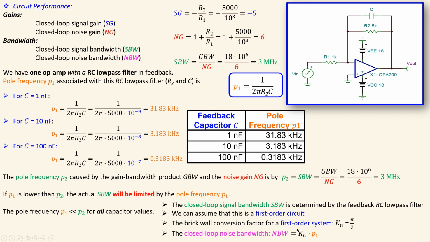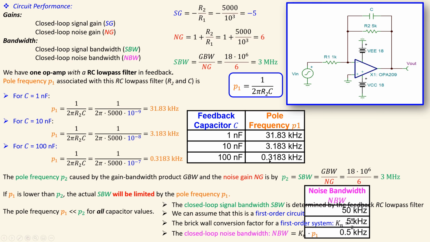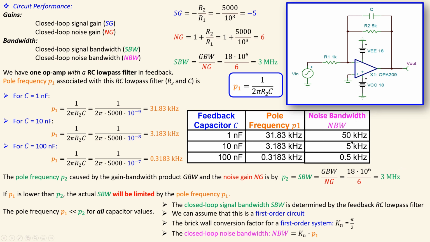So we will have K sub n times P1 for the noise bandwidth. If you now do that for each case, you will have these values: 50 kilohertz for 1 nanofarad, 5 kilohertz for 10 nanofarad, and 500 hertz for 100 nanofarad. So you can see the noise bandwidth will decrease for each increase in the feedback capacitor.